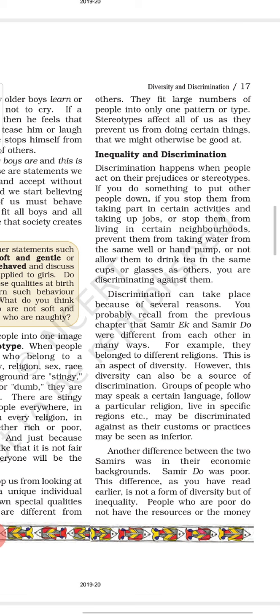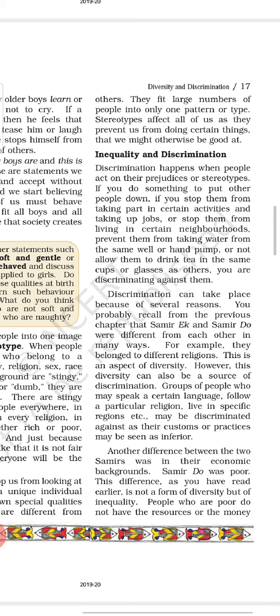However, this diversity can also be a source of discrimination. Groups of people who may speak a certain language, follow a particular religion, live in a specific region, etc. may be discriminated against as their customs or practices may be seen as inferior.